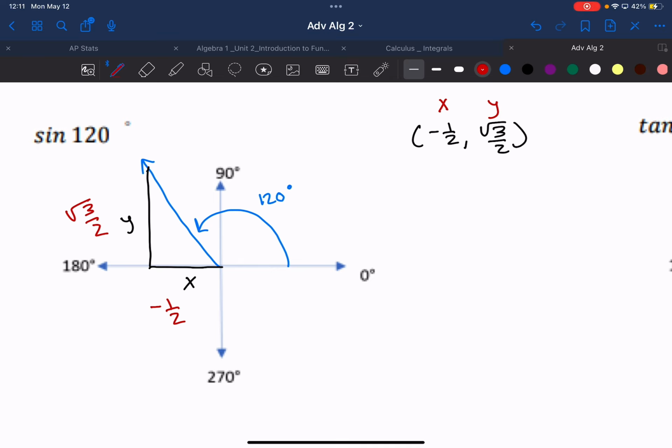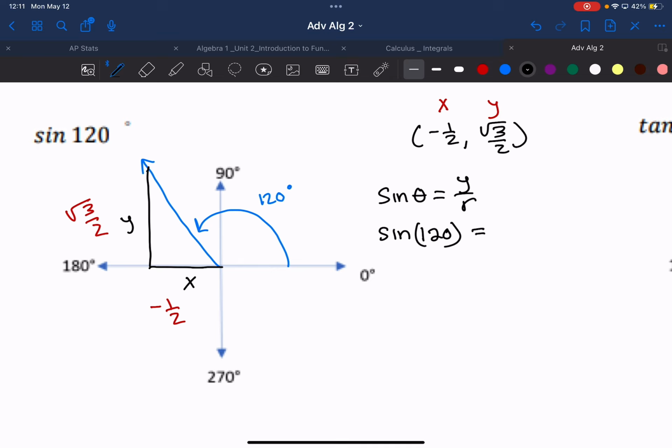Okay. Now I'm going to use the ratio that they give me at the top. And that ratio is that sine of theta is equal to, look at the very top, y over r. So y over r. So then I do sine of 120 degrees is equal to y.